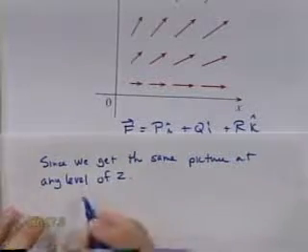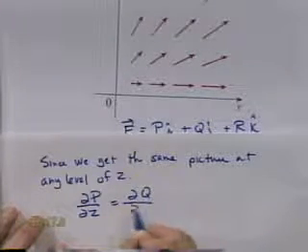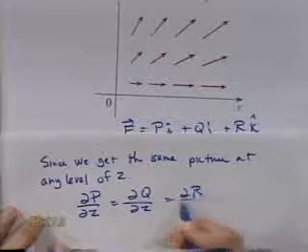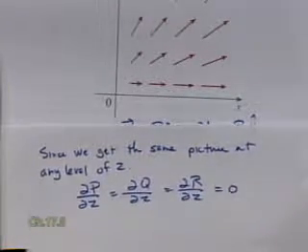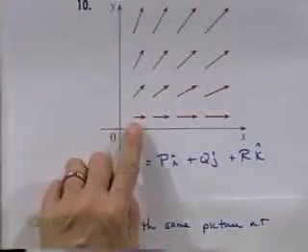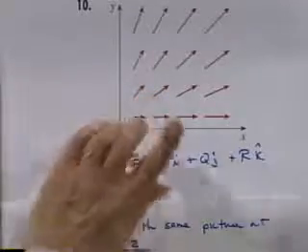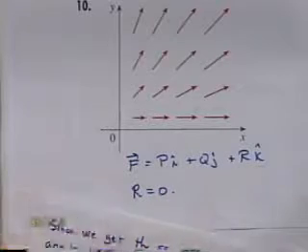So therefore the partial of p with respect to z, the partial of q with respect to z, and the partial of r with respect to z all equal 0, because the vector's not changing. Okay? In addition, all of these vectors only have x and y components. They're not pointing up in the z direction. So in addition, r is 0.